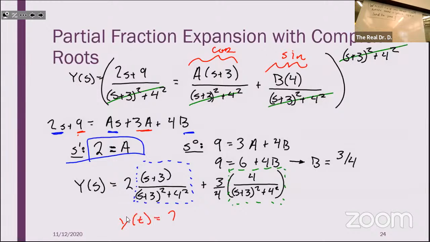So y of t should be 2 times e to the negative 3t cosine of 4t plus 3/4 e to the negative 3t sine of 4t.